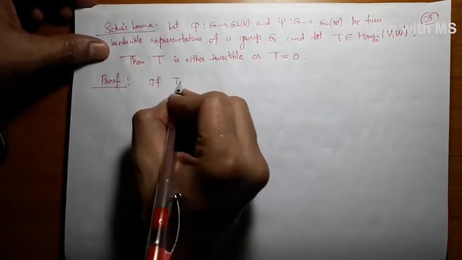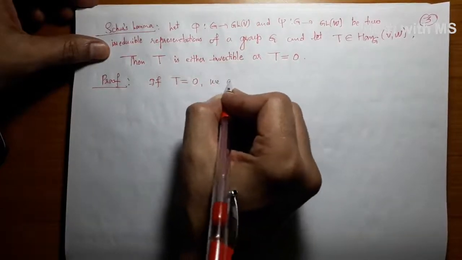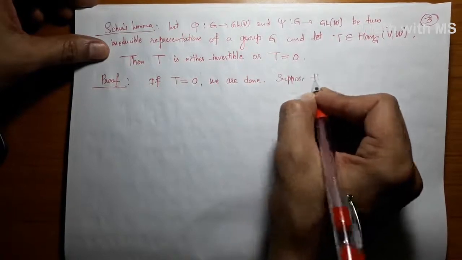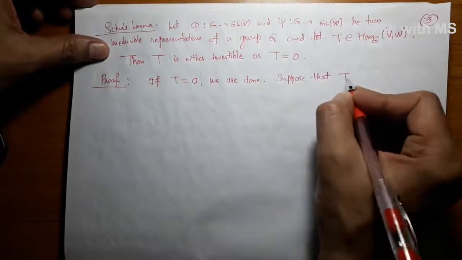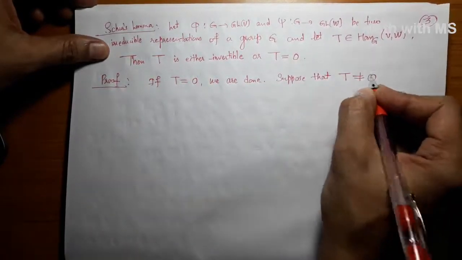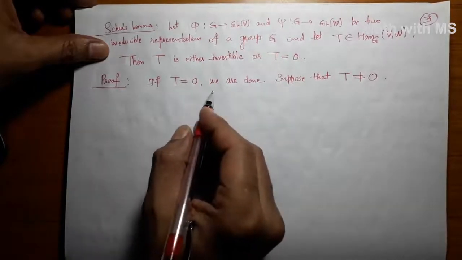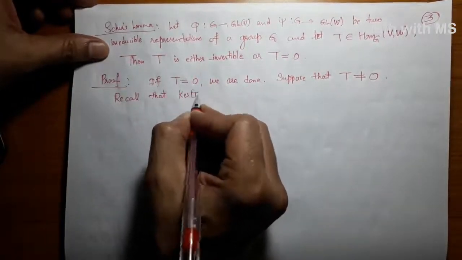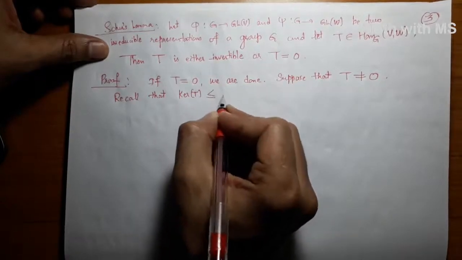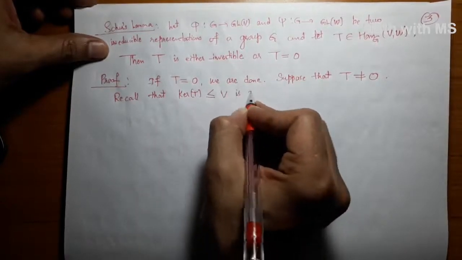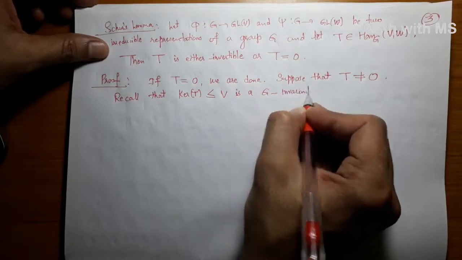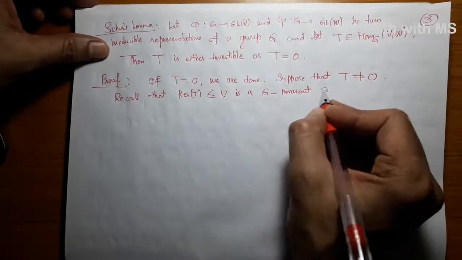If your T is already 0, then we are done. Suppose that T is not equal to 0. Then recall that the kernel of T, which is a subspace of V, is a G-invariant subspace of V, from the previous proposition.